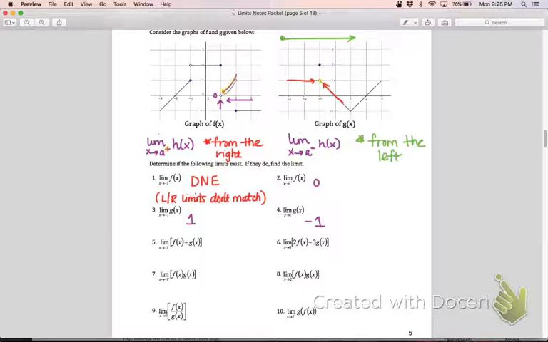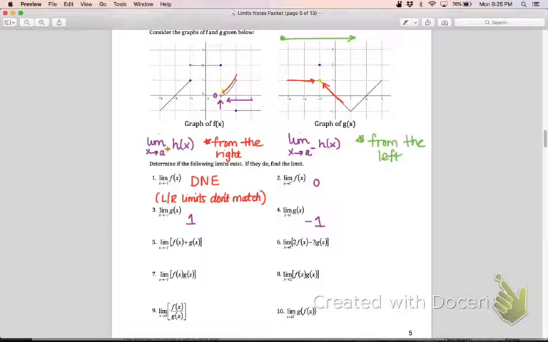We're not approaching that point. And that is all you need to know, that you're approaching 1. The dot doesn't matter. If I asked you what is g of -1, you would say 2, because that's where the dot is. That's where the function is defined. But the limit as we approach -1 is going to be 1. And that is just like that second example when we were looking at the tables yesterday.